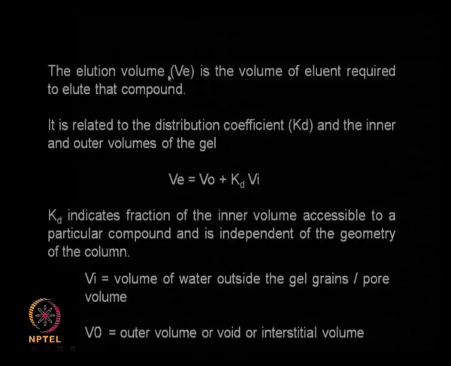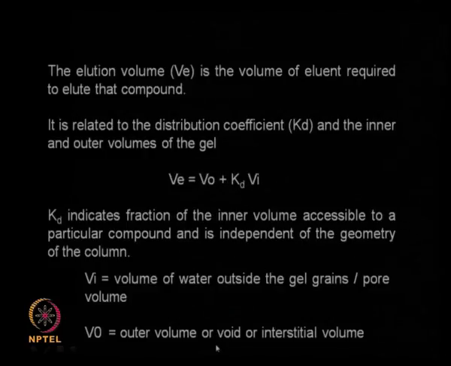So the elution volume is a function of the distribution coefficient. Distribution coefficient is like the partition coefficient, or the interaction between the solute adsorbed vis-a-vis the solute present in the liquid phase. So the elution volume VE is given by V0 plus Kd into Vi.